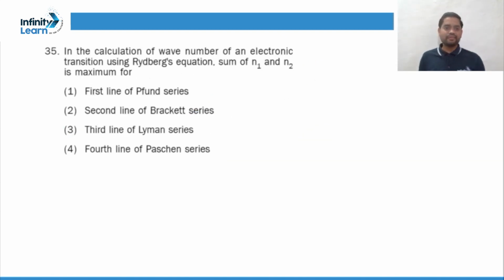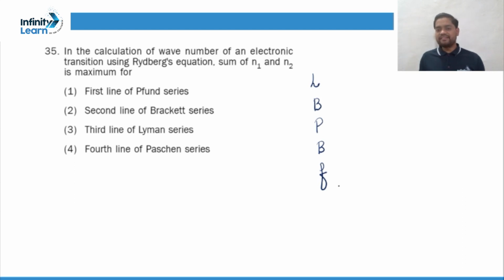Okay. 35. In the calculation of wave number of an electronic transition using Rydberg equation, n1 plus n2 is maximum for first line of Pfund series, second line of Brackett series, third line of Lyman series, and fourth line of Paschen series. If we see it, it is Lyman, Balmer, Paschen, Brackett, Pfund series.